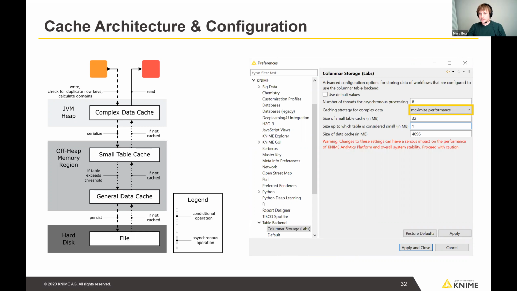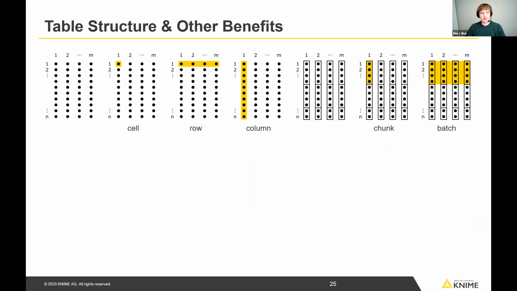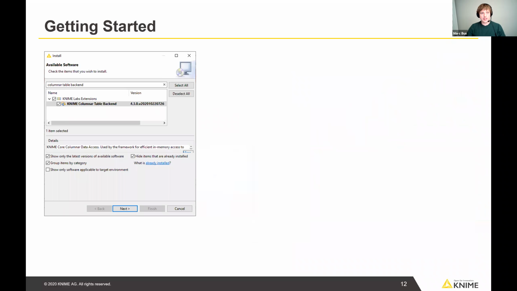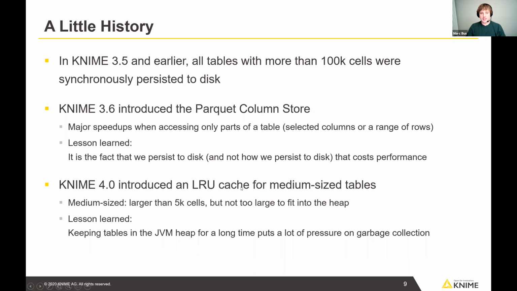Okay, so yeah, maximize performance. So it's really a double-edged sword. In the old cache, so let me go back even further. In the old cache that we introduced with Knime 4.0, this LRU cache, what it actually looks like, as I mentioned, it is an all or nothing cache.